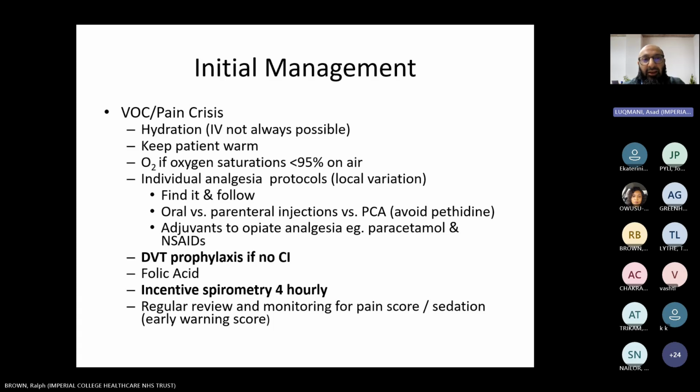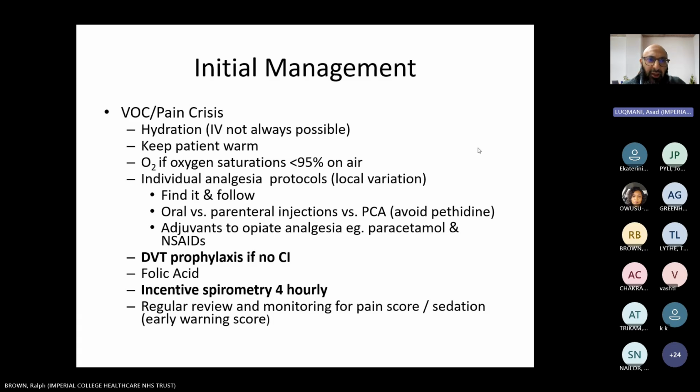It's also very helpful to ask the patients if there's anything unusual about the pain, because they will usually be very familiar with what sickle cell pain is like, and to ask whether this is typical of their sickle cell pain or whether there's something different to suggest an alternative pathology.